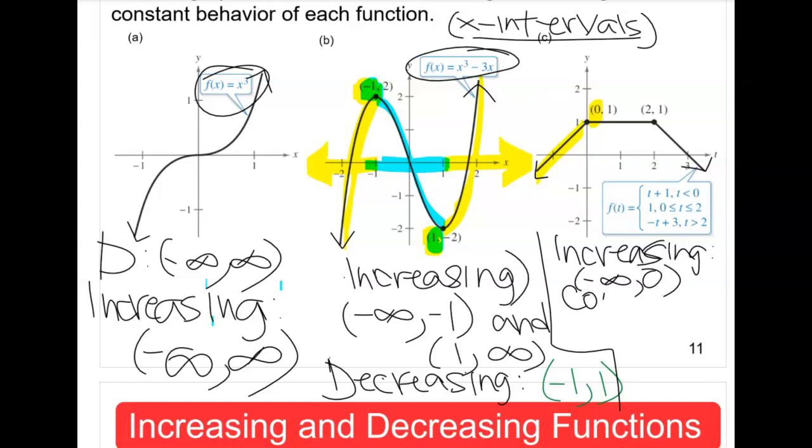Then it becomes constant. And it becomes constant from x equals 0 to x equals 2.